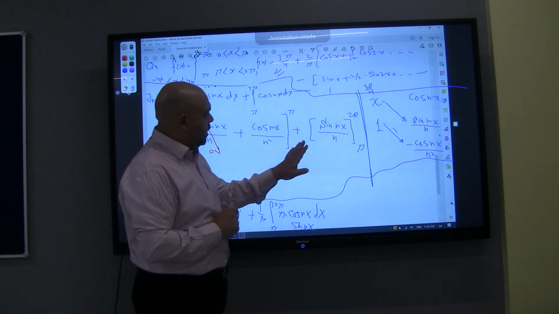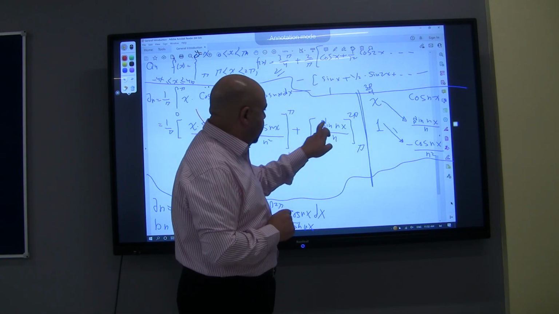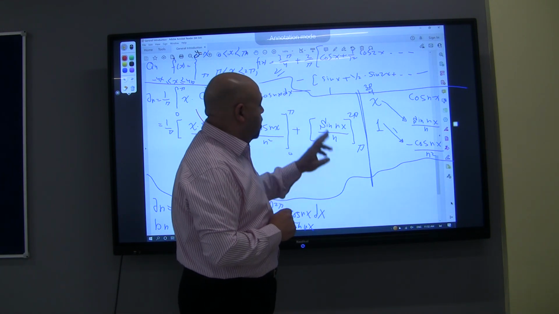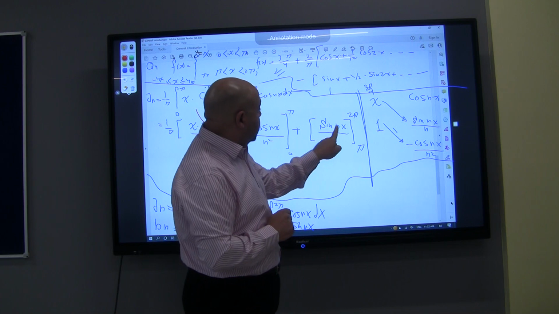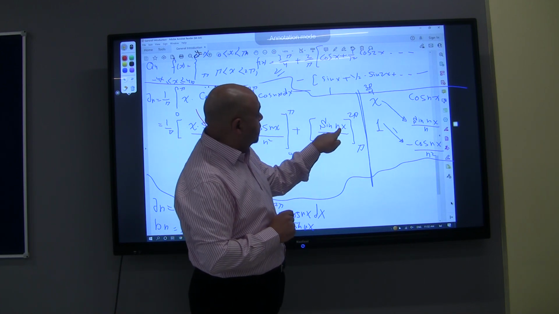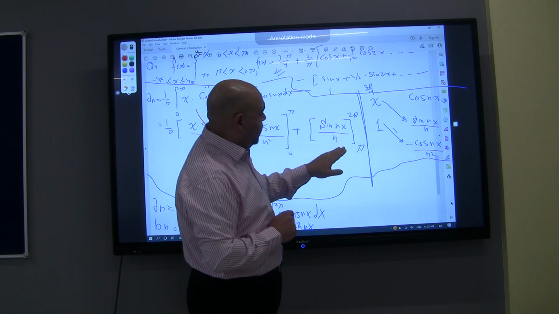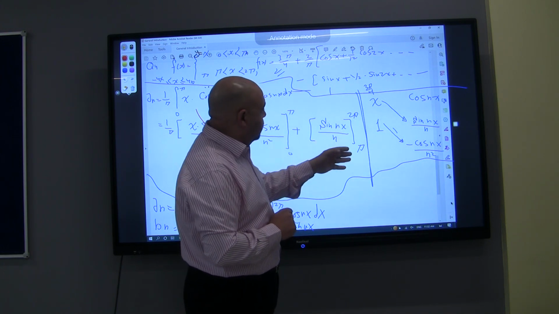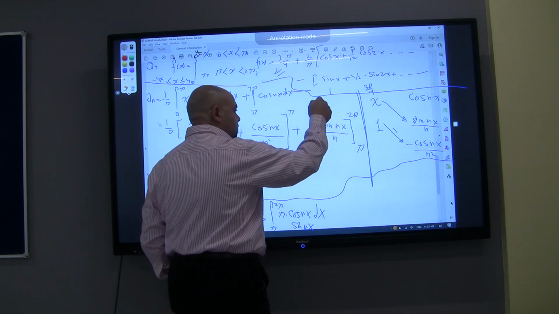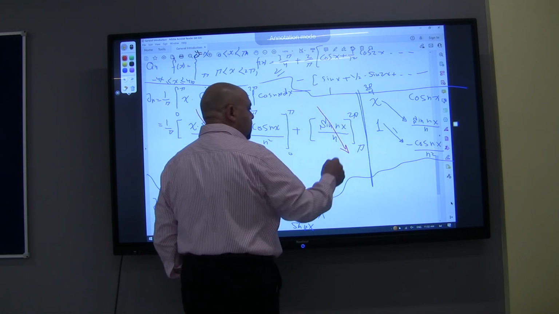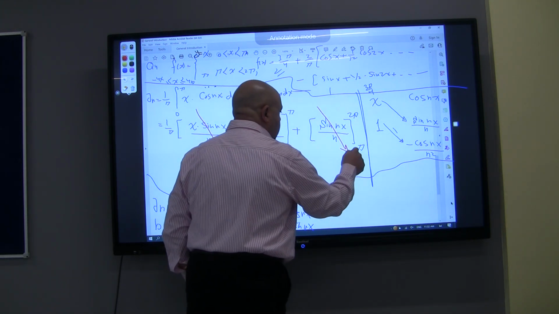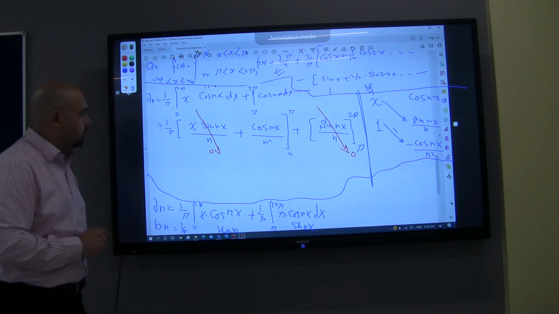Remaining for the other part, sine nx divided by n, also it will be cancelled, because once you substitute x by 2 pi, it's going to be sine 2n pi, which is going to be 0. If you also substitute by pi, sine n pi is going to be 0, so this part is going to be 0.